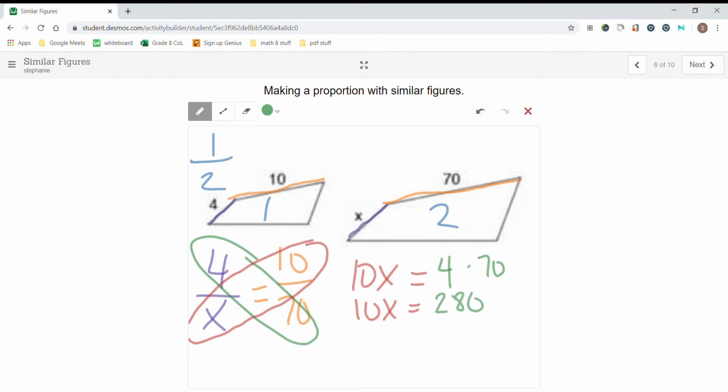And if you want to do that in your head, you could say, oh, well, 4 times 7 is 28. I just tack on that extra 0. All right, I can then divide by 10, divide by 10. I can get rid of these zeros nice and neatly, and I have 28 would be my final answer. So this missing side right here is 28.